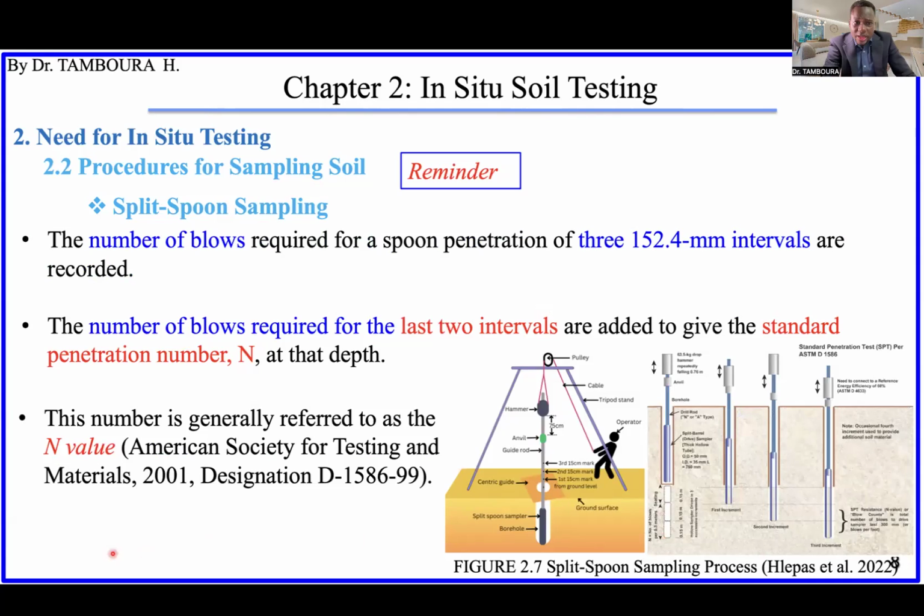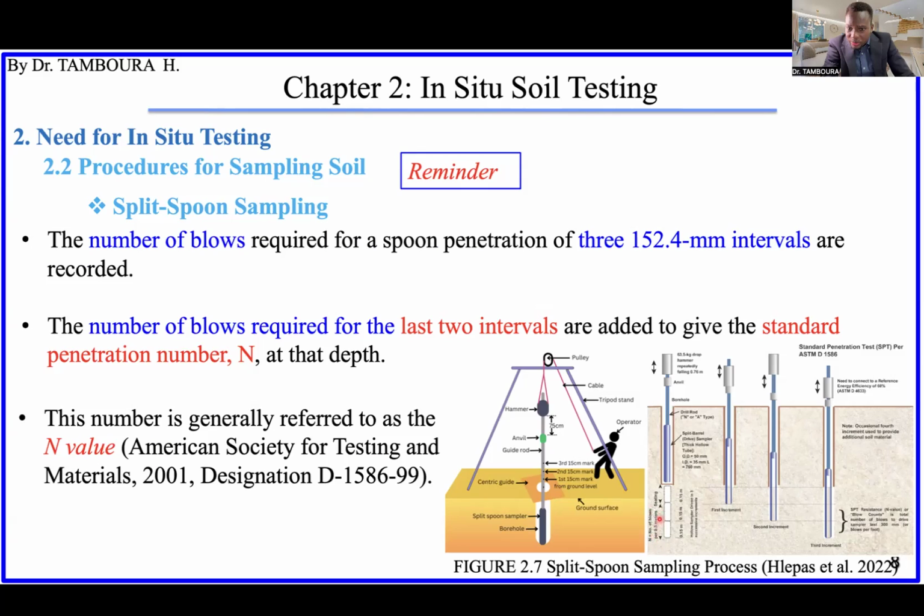And the N number, the SPT number, standard penetration number N, is just the number of blows required for the last 2 intervals. Okay, these last 2 intervals. You can see here N, number of blow, 0.3 meter, right?